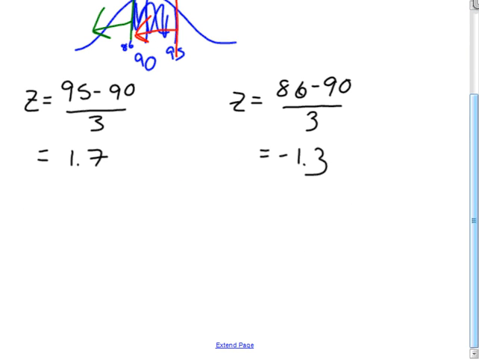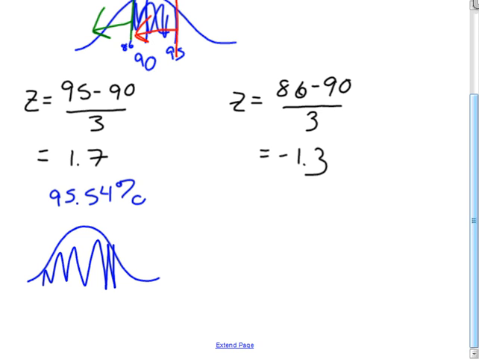What this first one did is the 1.7 was 95.54%. That found from here down. When I did the 86, that was a negative 1.3, and that gave me 9.68%. So that gave me from here down.